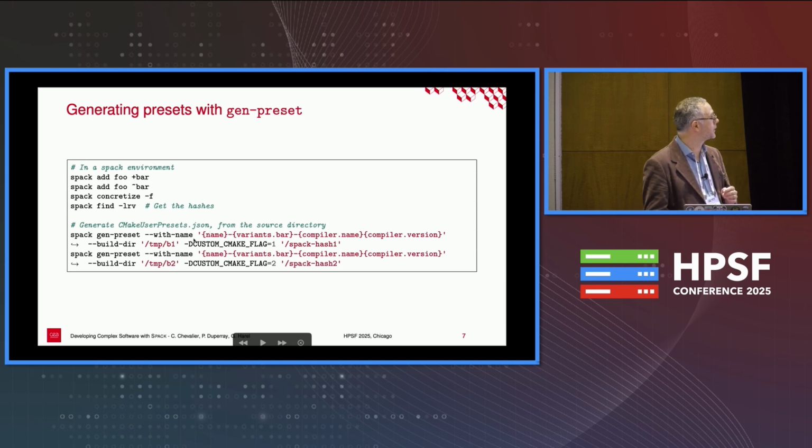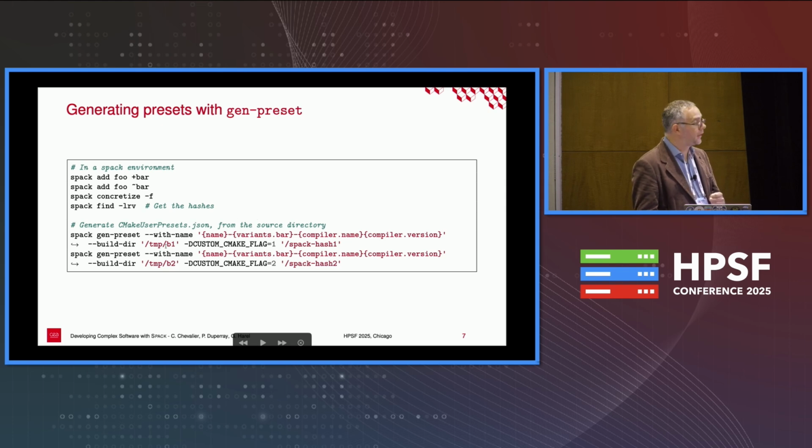So here, for example, we will have the name of the package, so here foo. We will have the state of the variants specified with Spack, and we will have the compiler name and the compiler version used by Spack during the concretization.